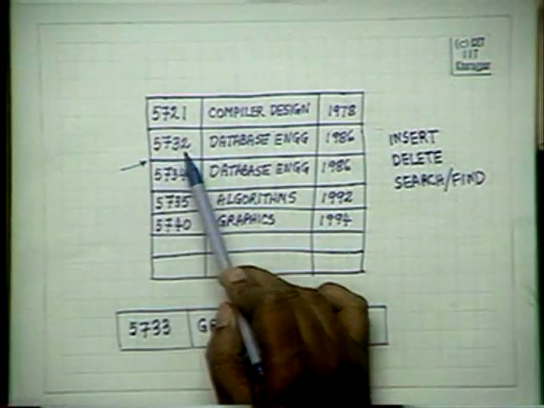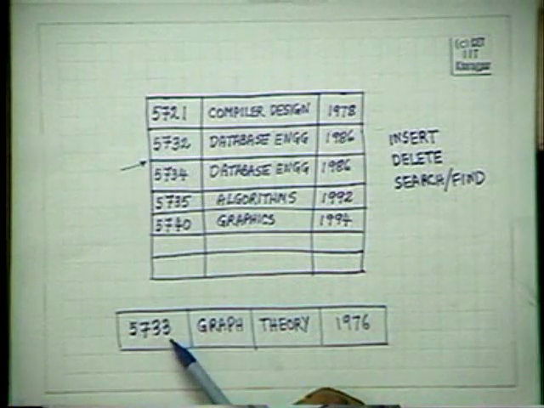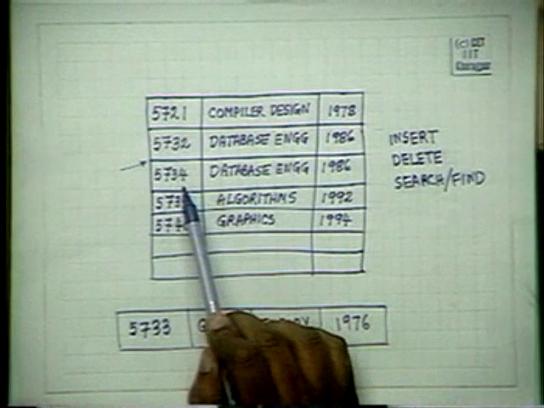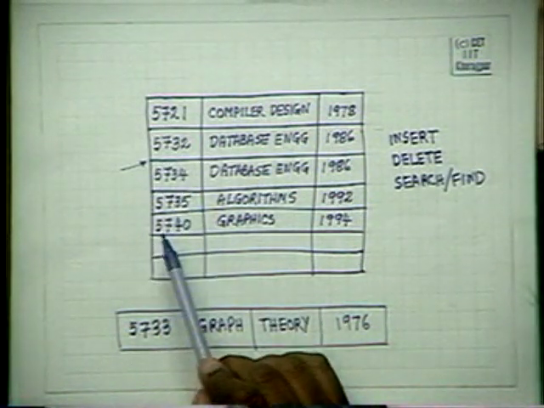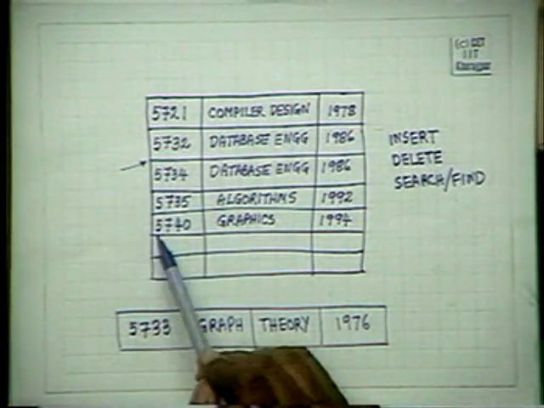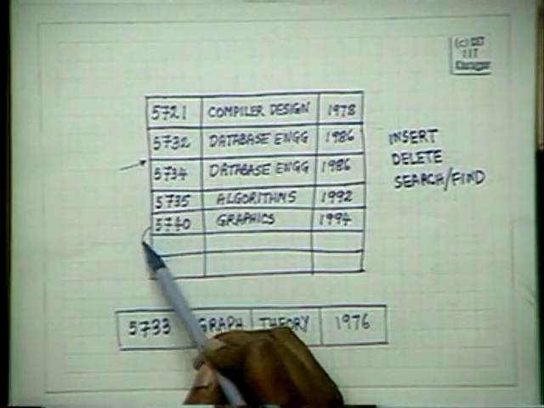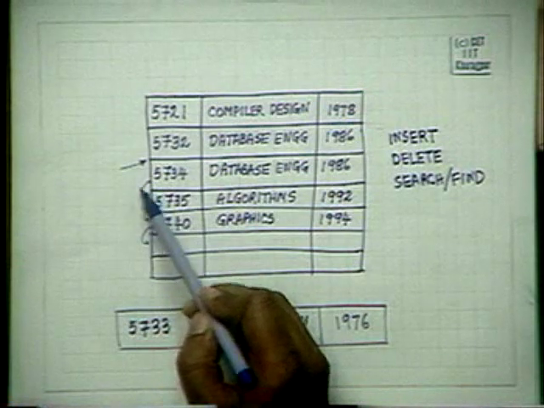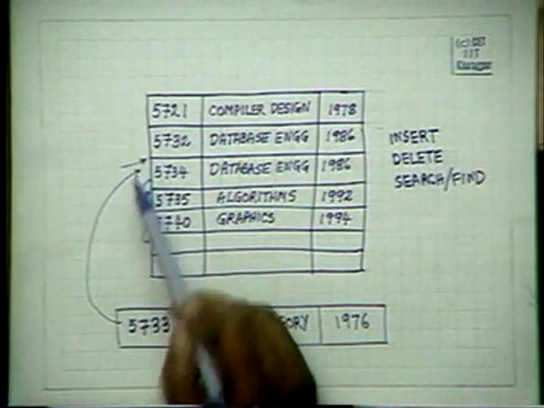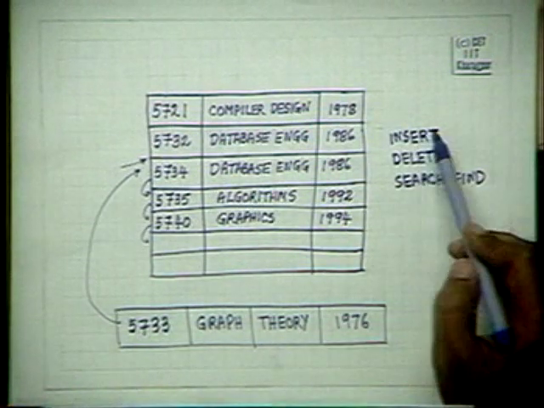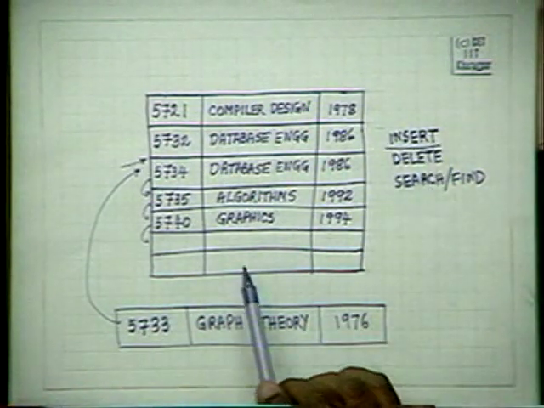After 5732, we have 5733 and then 5734. Now in order to do this insertion, if we want to maintain this strict order, we may have to push all of them down and insert this in this particular place. That is one option which we may have for insertion, but that is a very expensive option.